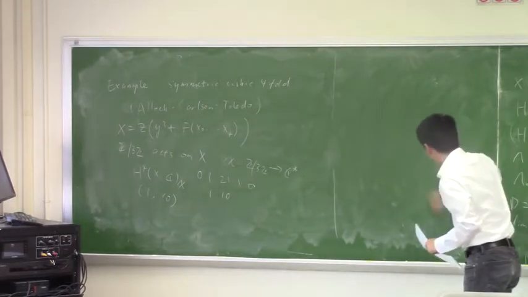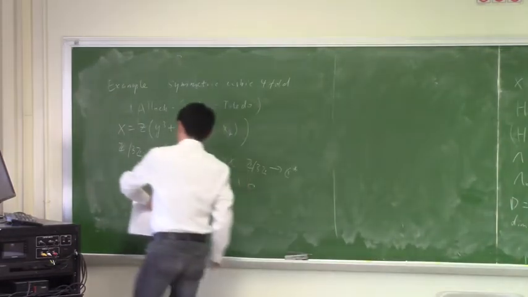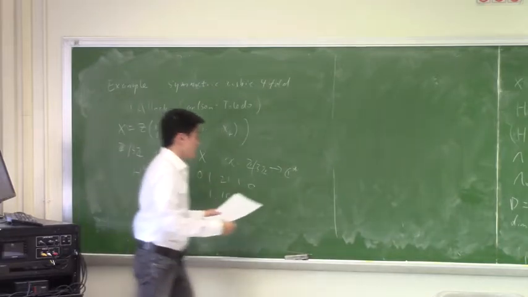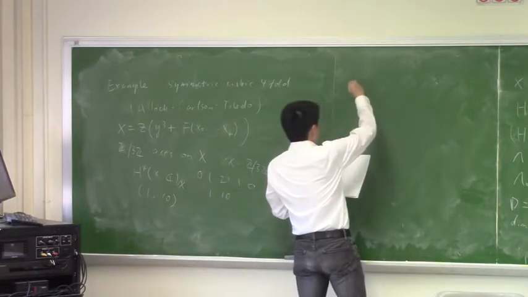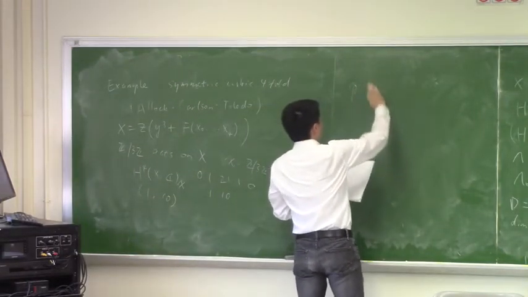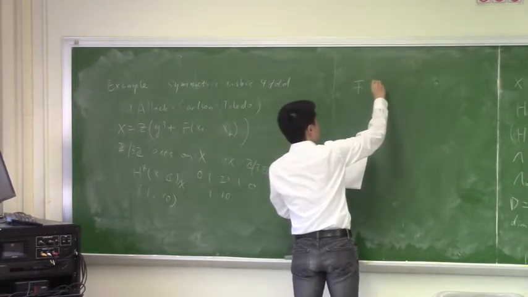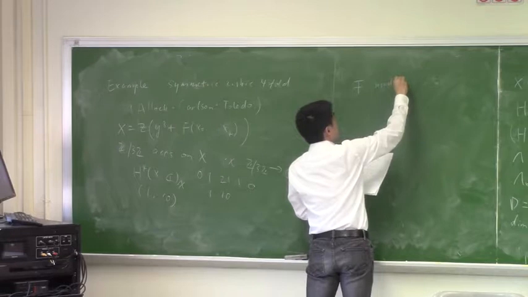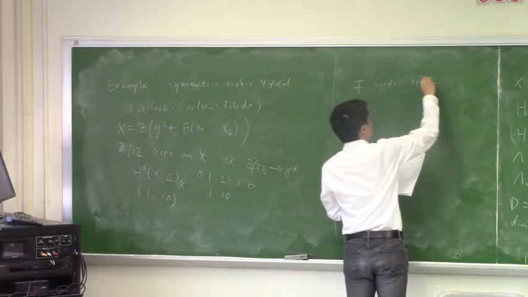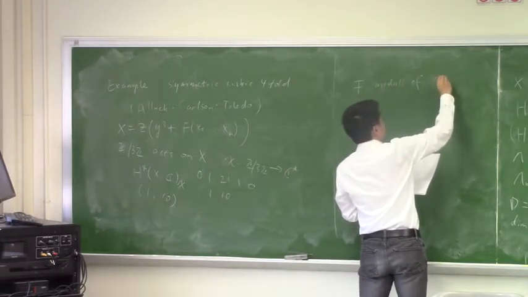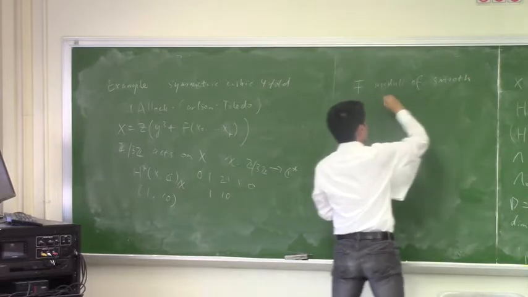So if we consider the period map for this subspace, then we will have a map from, let's say, this F is the moduli of smooth cubic threefolds.